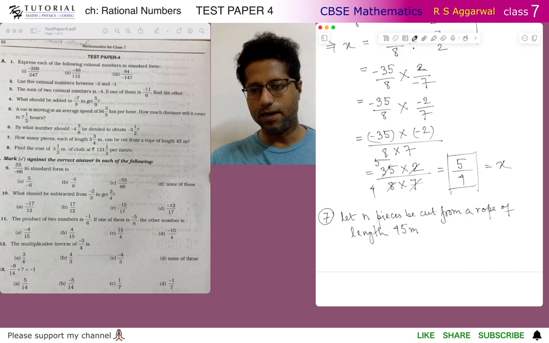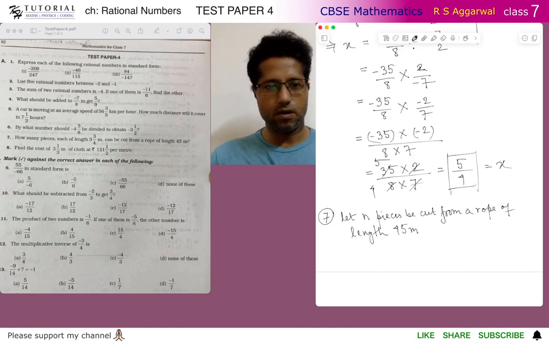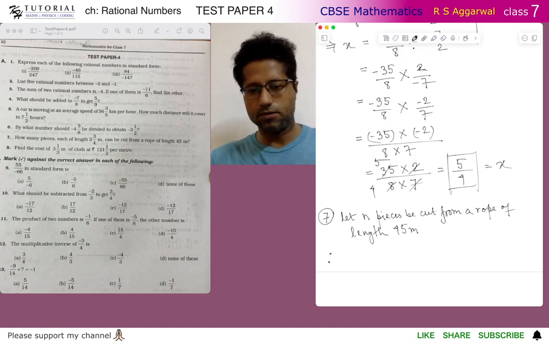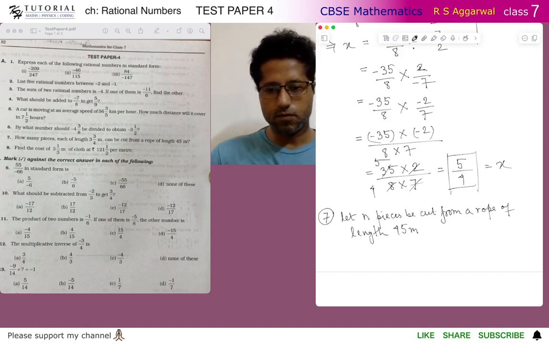So we have assumed that n pieces, each of length 3 and 3 by 4 meter, can be cut from a rope of 45 meter.